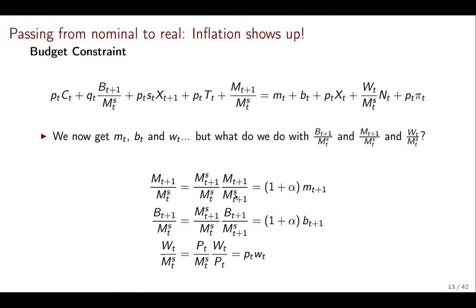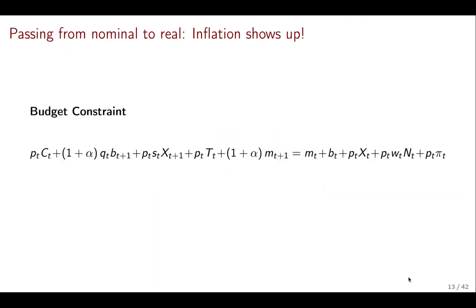And the second term is just little m_{t+1}. You can do the same thing for bonds. And so you're also going to get 1 plus alpha, the growth rate of money, times b_{t+1}. And then finally, for wages, you can multiply and divide by P. Then you get the real wage, little w, and the real price, little p. So doing that, you replace and you get the budget constraint.